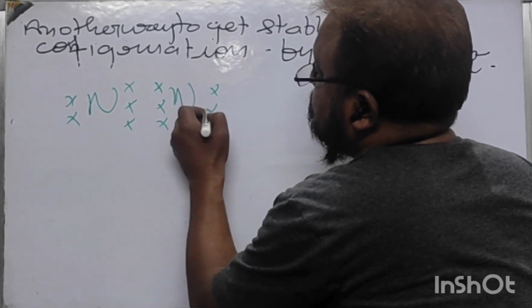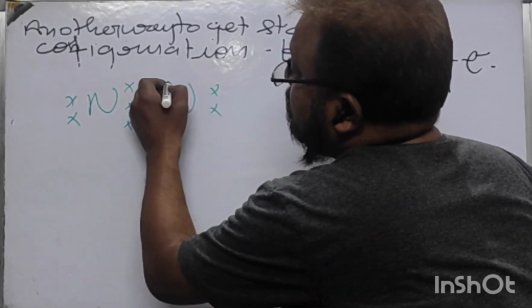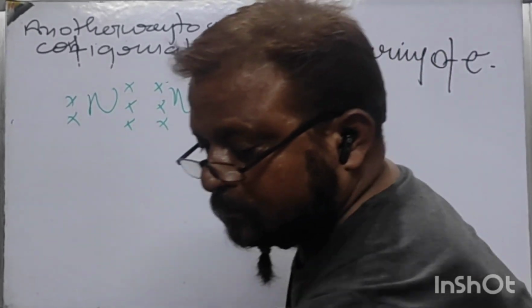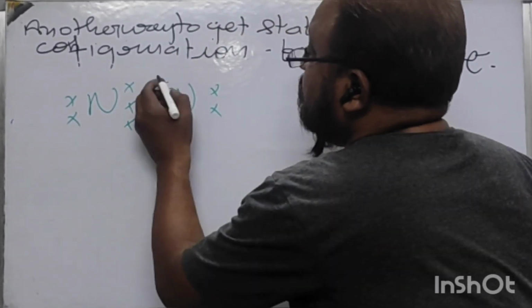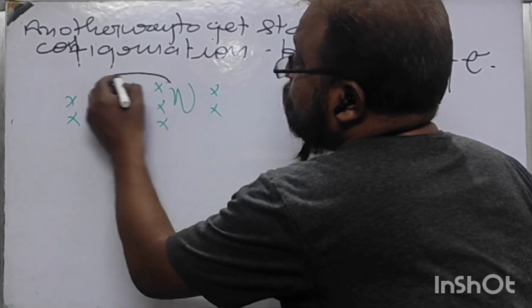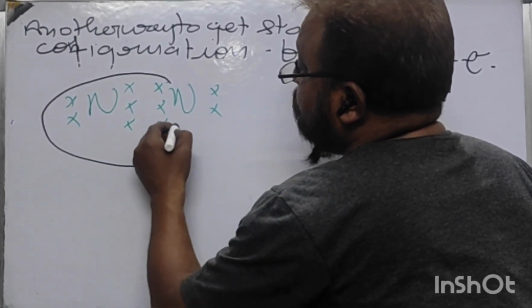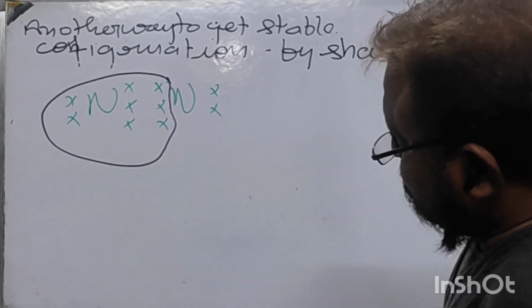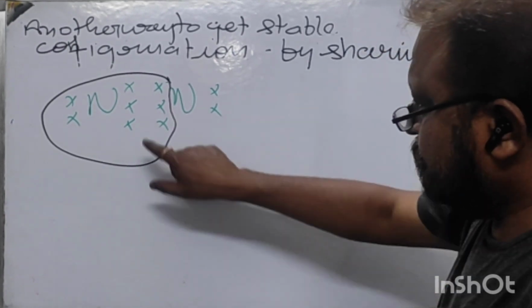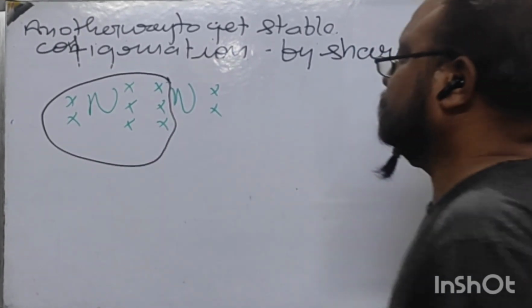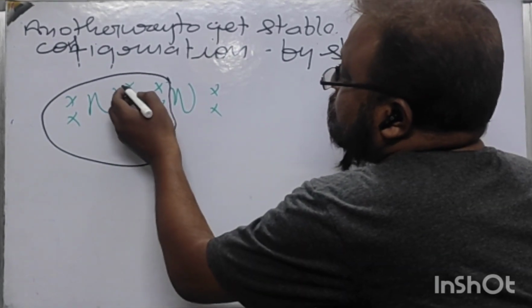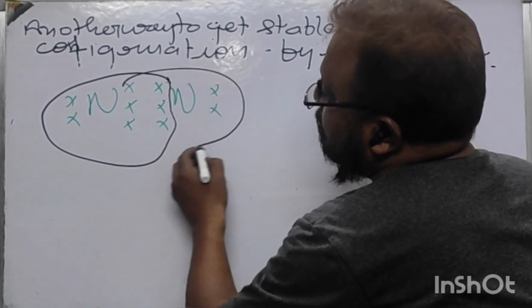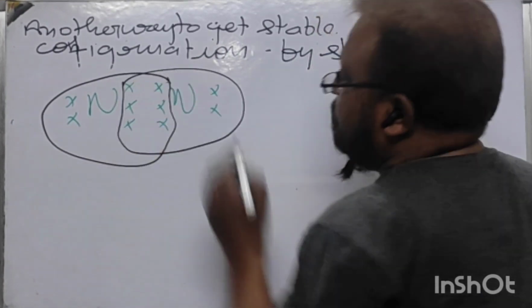So this nitrogen atom takes 3 electrons from the other atom and gets the stable configuration of 8, 5 plus 3 becomes 8. And the other nitrogen atom also takes electrons and gets the stable configuration of 8.